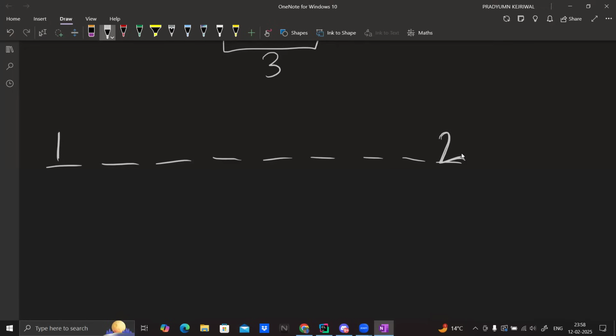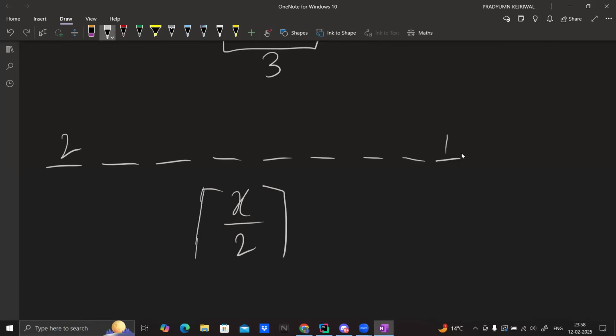So either one here and two here, or one here and two here. Okay. And then just choose the maximum segment length, or basically the one with the highest value of the ceiling of x by 2. That's what they will do.